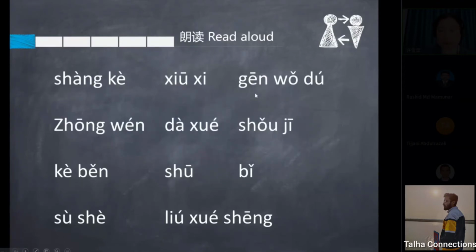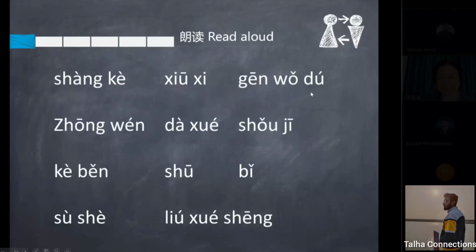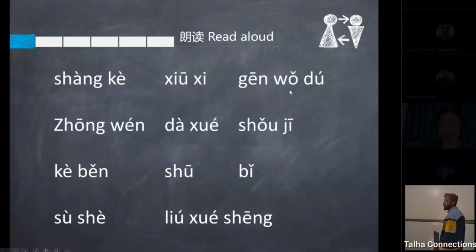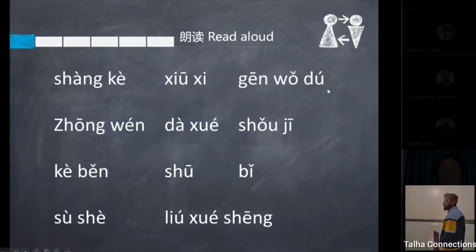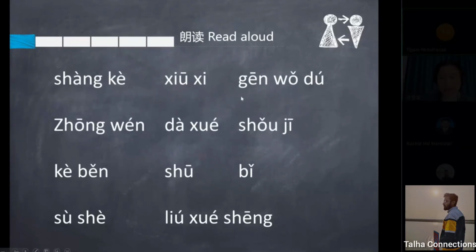So, later I will use 跟我读 to ask you to read after me. Alright? 好，跟我读. Good. Very good. Okay.